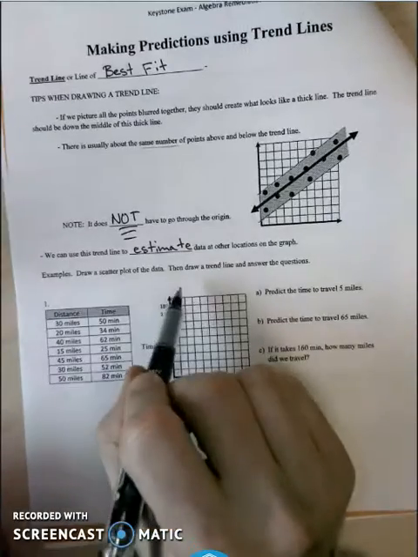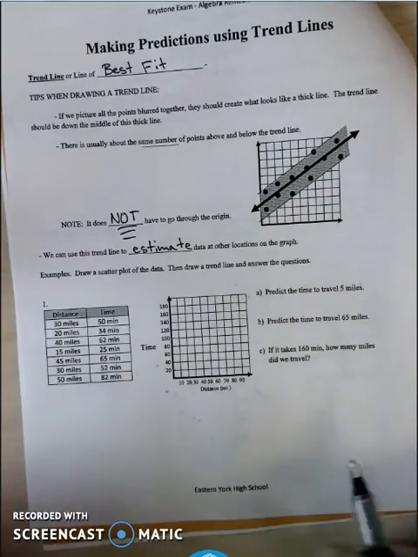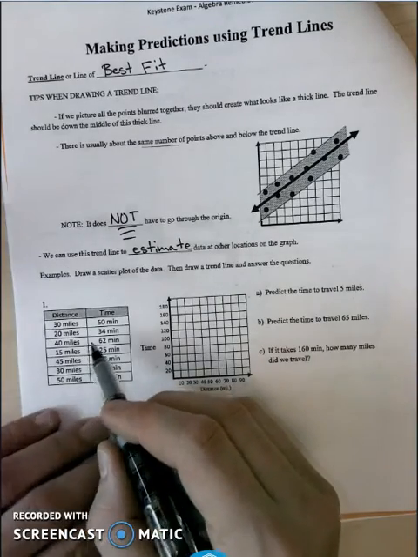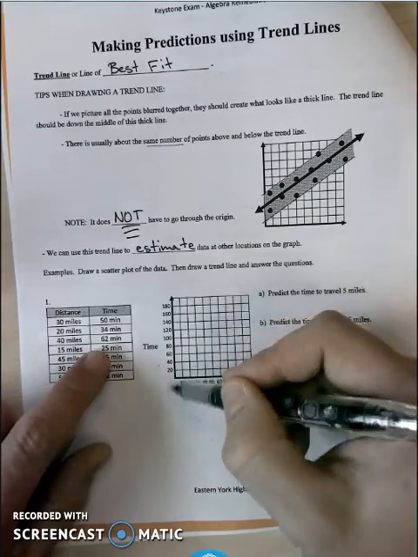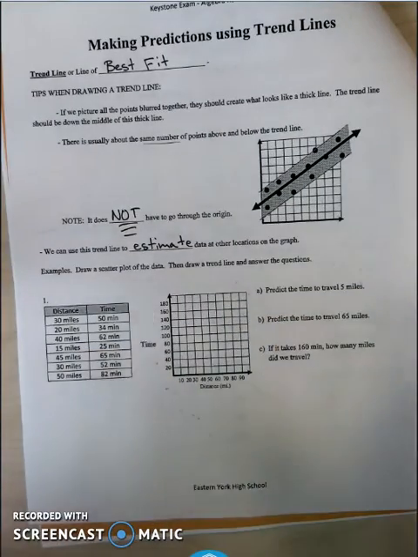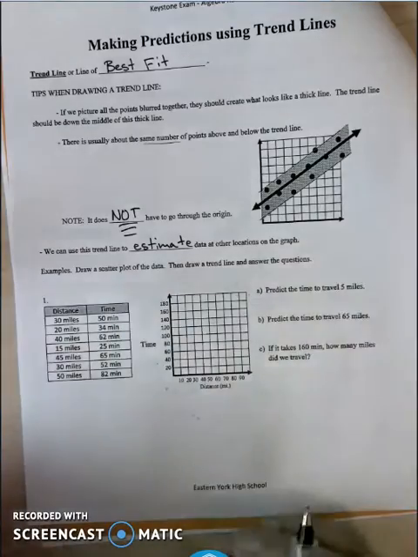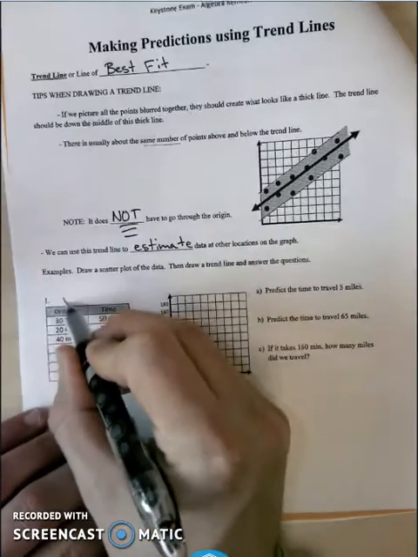So let's draw a scatter plot and draw a trend line and then answer the questions that are provided. So we have distance along the horizontal axis, time along the vertical axis. It's somewhat backwards because I said time is typically associated with the bottom, but it's okay. As long as we get them straight when we graph them, that's going to be sufficient. So distance is going to be our x, time is going to be our y.